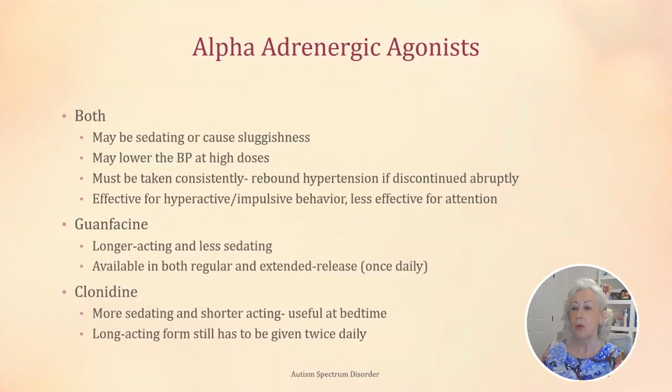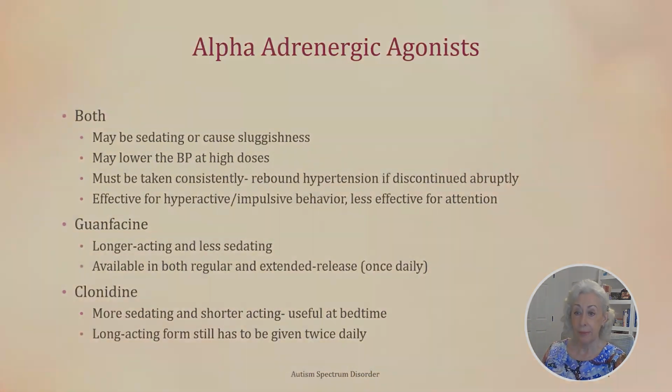In general, guanfacine is longer acting and less sedating. Clonidine is more sedating and shorter acting. So guanfacine is often more useful during the day, and clonidine can be helpful at bedtime. Both are available in shorter acting and longer acting versions, but guanfacine is the only one that can be given just once a day.